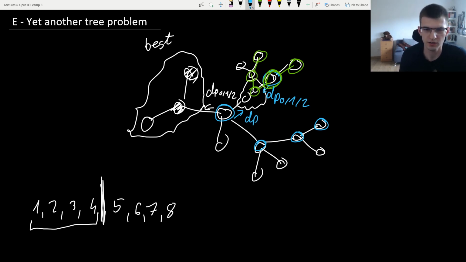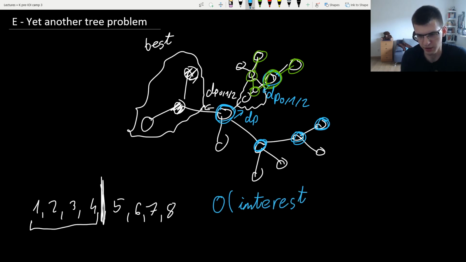And the goal is to find those interesting vertices and compress the graph to be of size O of the number of interesting vertices. Likely you will have something like 2 times interesting or 3 times interesting, the gadgets, and you need to be smart about it.